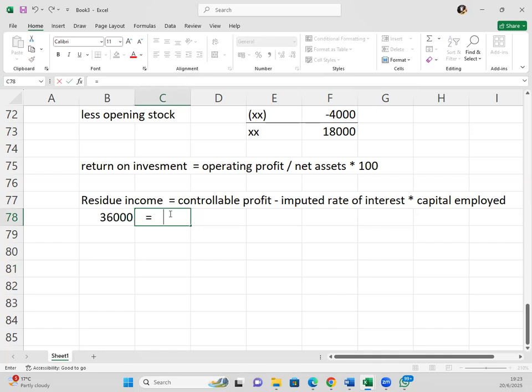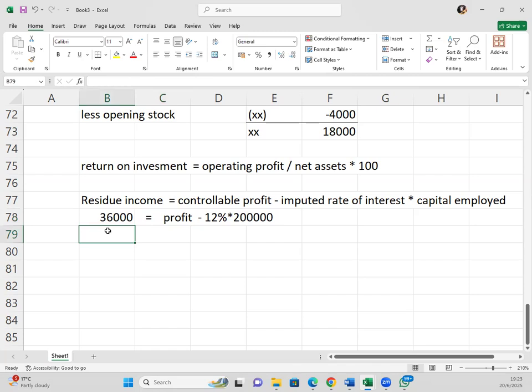We don't know what the profit is, that's what we are looking for, minus the imputed rate of interest. We can use the cost of capital, which is 12%, times the capital employed, 200,000. So if you do your maths right, we can leave profit this side and take everything to the other side. It becomes a plus. So 36,000 plus 12% of 200,000. What is 12% of 200,000, please?